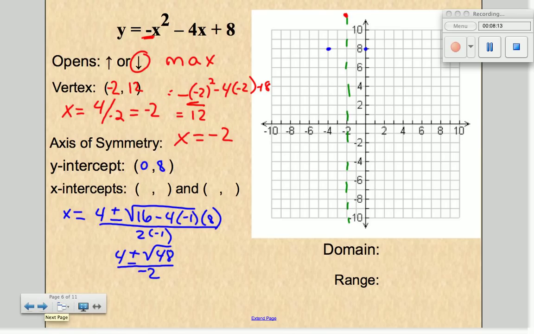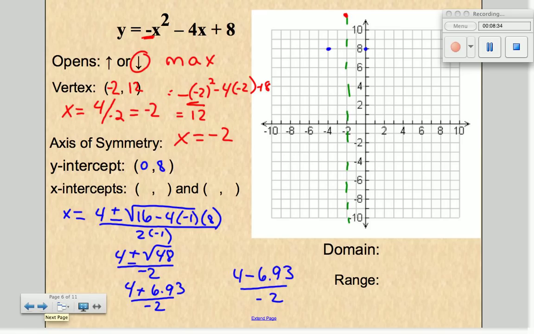The square root of 48 happens to be 6.93. So my two answers are going to be 4 plus 6.93 divided by negative 2 and 4 minus 6.93 divided by negative 2.